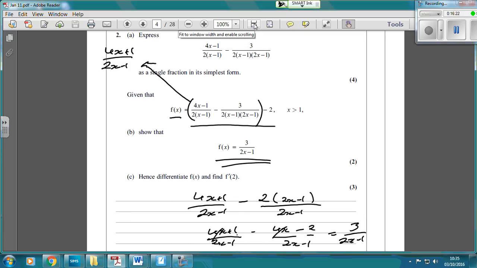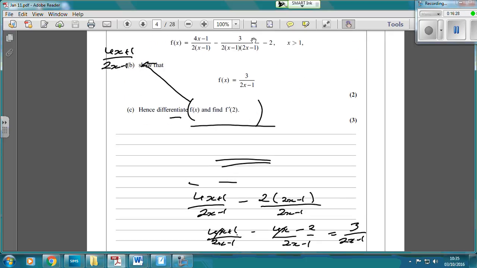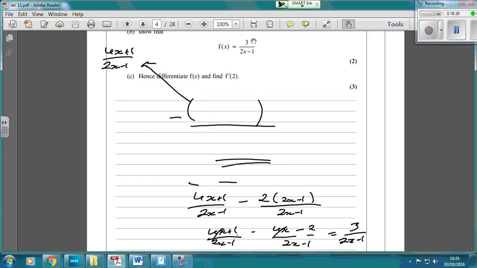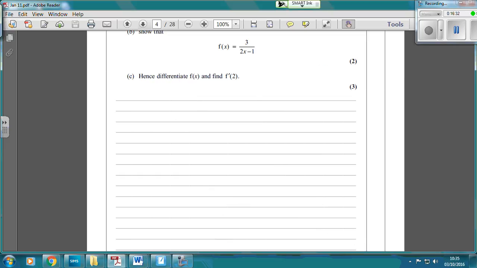So the next thing we're going to do is differentiate our function of x and find f dashed of 2. This is a topic that you're doing at the moment. Let's see how we do this one. Now there are 3 differentiation rules: the chain rule, the product rule, and the quotient rule. The quotient rule is the one that I would use for this one.